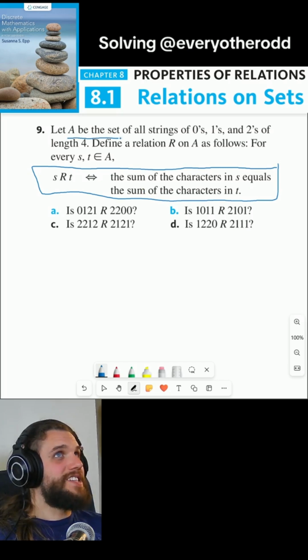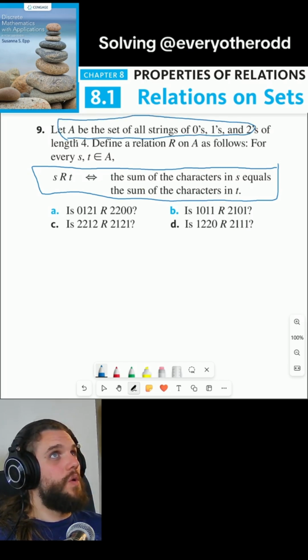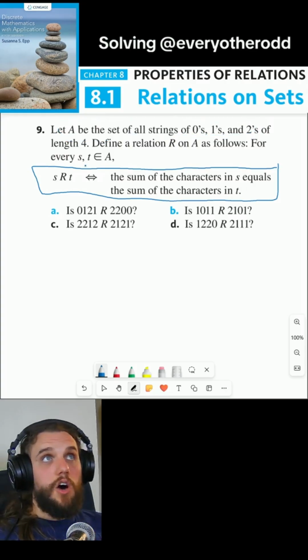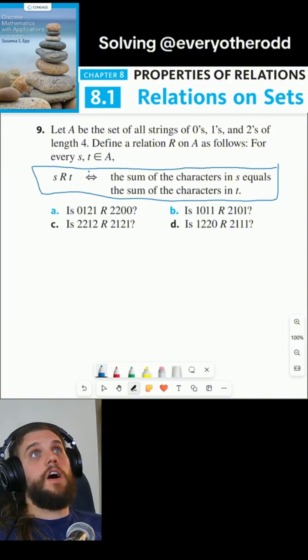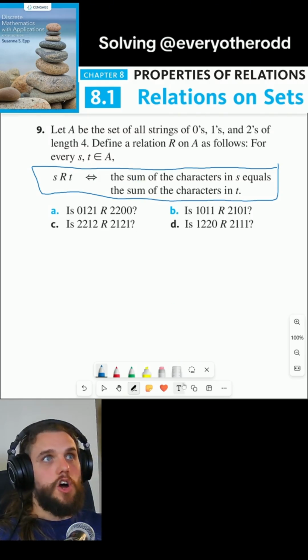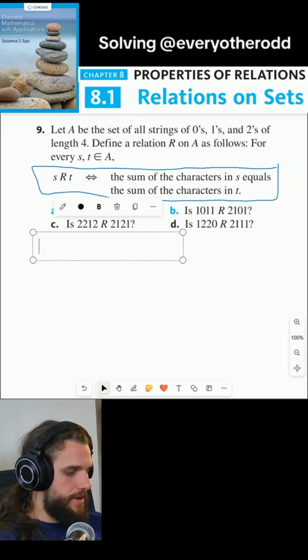So A is the set of all strings of zeros, ones, and twos of length 4. So that means lowercase s and lowercase t are strings of zeros, ones, and twos of length 4. So that means that two strings are related, and I'll type this out.